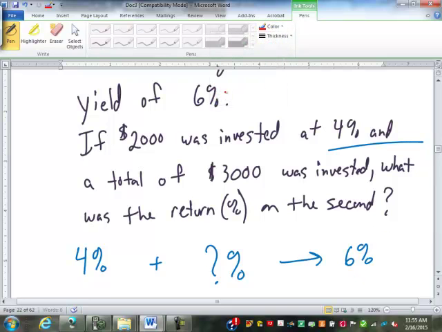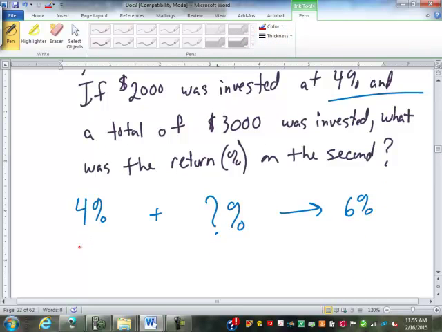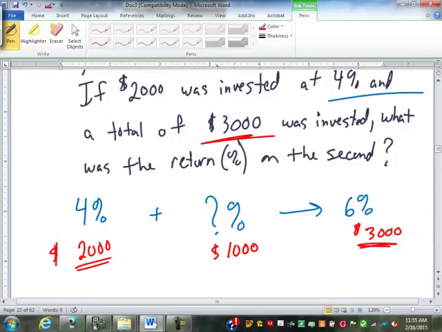We know $2,000 was invested at 4%. There was a total of $3,000 invested. That would be with the 6%. We don't know the amount that was invested in our mystery investment here, but we can figure it out real quickly because we have a total of $3,000. Take away the $2,000. There's $1,000 left over.